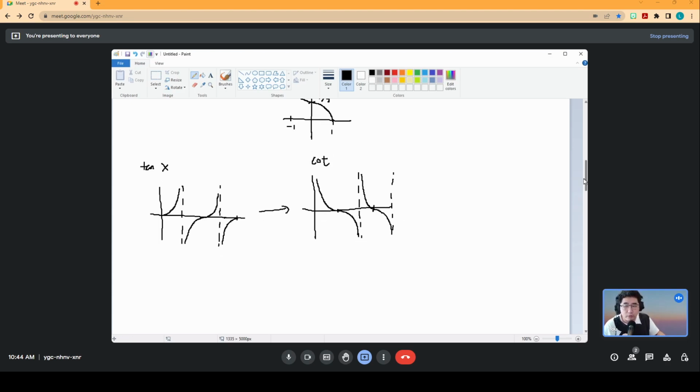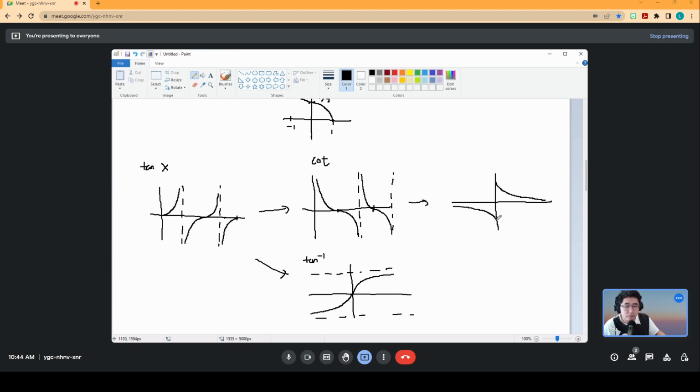Then also we have arctangent, and we also have the arccotangent. This is the arctangent graph.